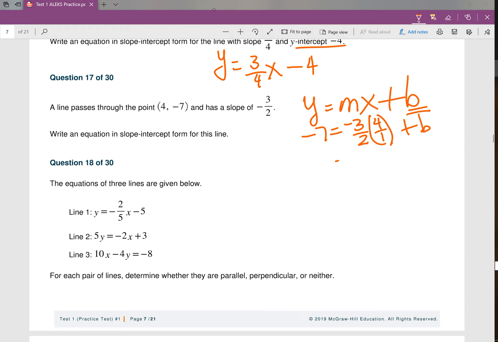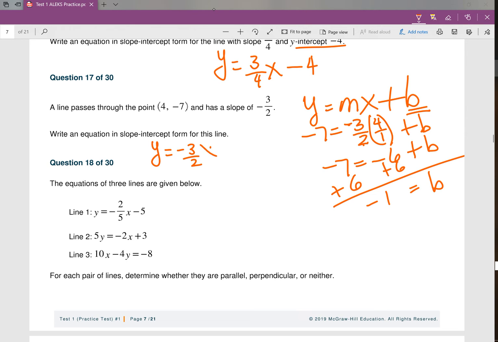This gives me negative 7 is equal to negative 12 divided by 2 makes that a negative 6 plus b. I'm going to add 6 to both sides. I end up with b equals negative 1. So finish the equation according to this: y equals negative 3 over 2x minus 1.